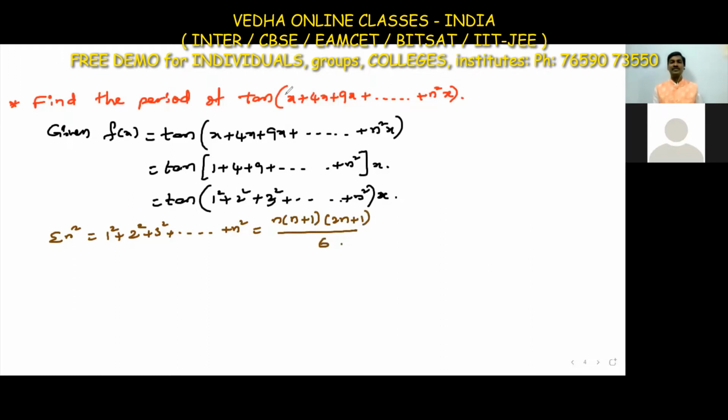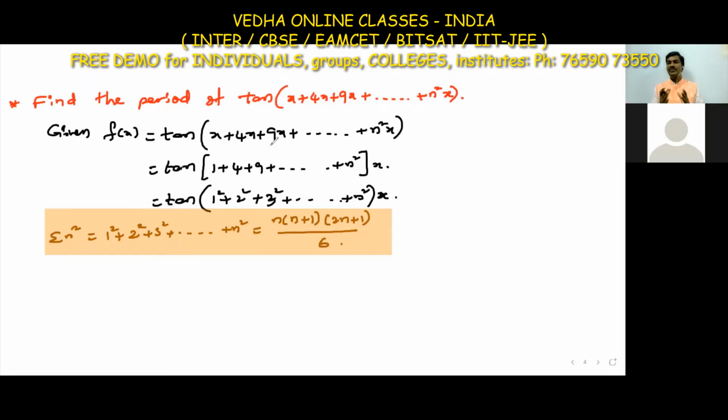So what is the formula? The sum of the squares of the natural numbers is n into n plus 1 into 2n plus 1 by 6. Repeat once again.